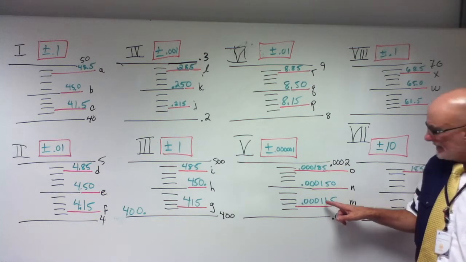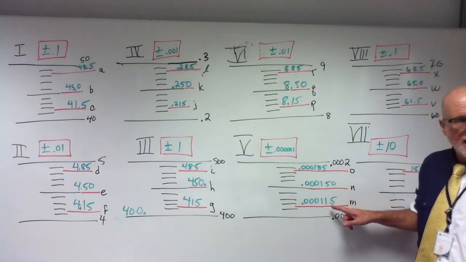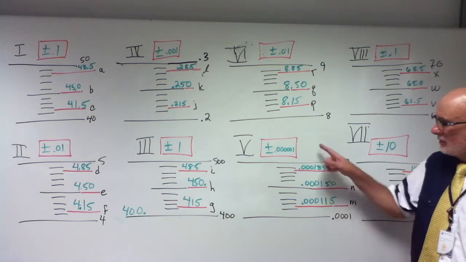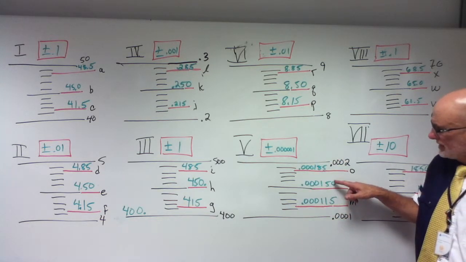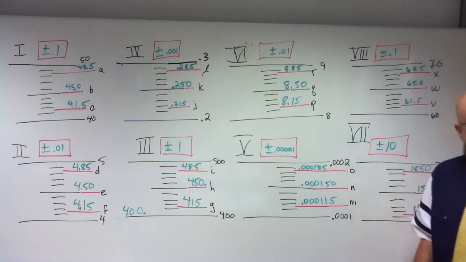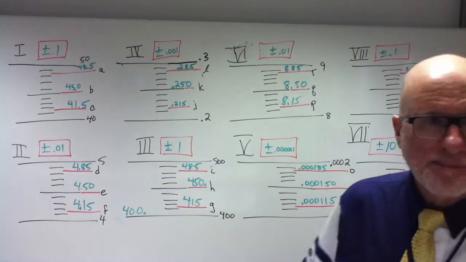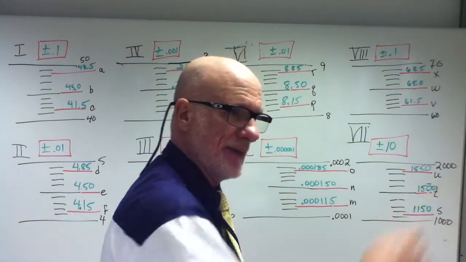If I didn't have these placeholders here, that 5 wouldn't have a place value of millionths, and everything would be completely screwed up. What place value must all the digits on the far right have to have?